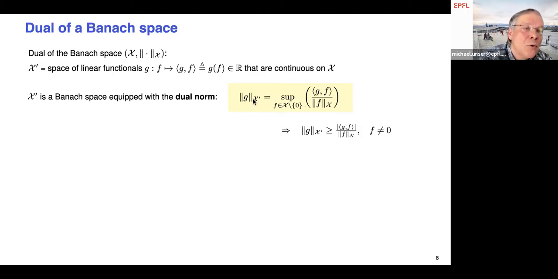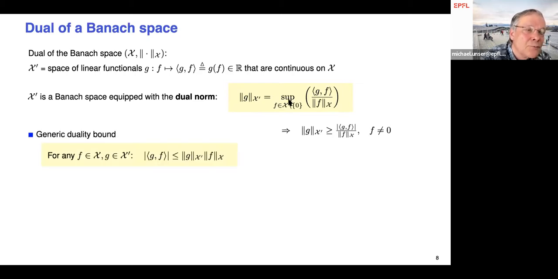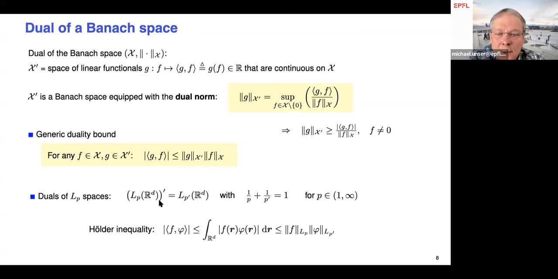Now, if you look at the definition of the dual norm, it's obvious that, because we're taking the supremum, it gives you this inequality here, which is true for any dual pair of Banach spaces, and in some sense is the generalization of the Cauchy-Schwarz inequality.